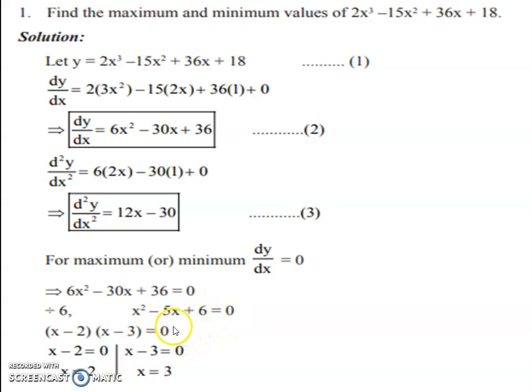The factors of this quadratic equation are x minus 2 and x minus 3 equal to 0. We know that x minus 2 equal to 0 gives x equal to 2, and x minus 3 equal to 0 gives x equal to 3. Now we have to check the maximum and minimum condition using the second order derivative, that is equation number 3.